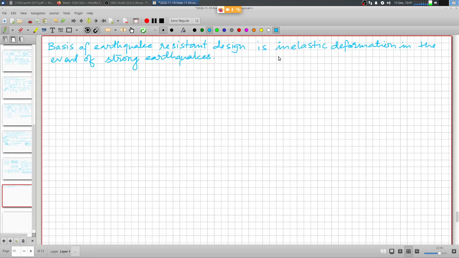So this is the key phrase, inelastic deformation. So if the system is inelastic, then for inelastic system, is it justified?